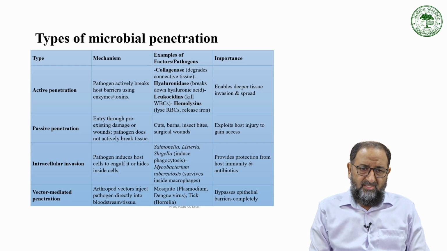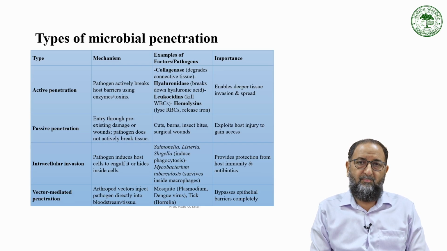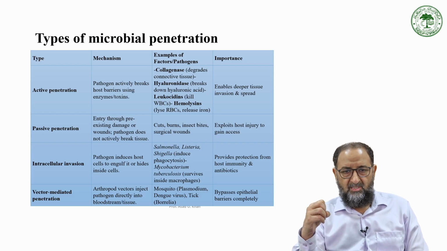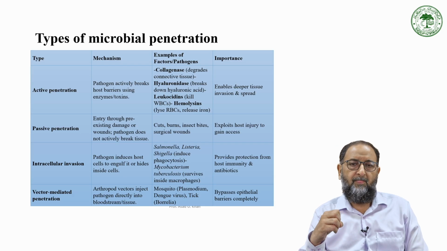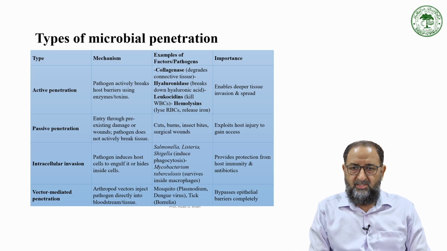Now, intracellular invasion is where the pathogen induces the host cell to engulf it and hide inside the cell. Like in Salmonella, Listeria, Shigella, these are all bacteria which induce phagocytosis. So phagocytosis helps them invade and induces the host cells to engulf and hide them inside the cell. This is called intracellular invasion, and it provides protection from host immunity and antibiotics.